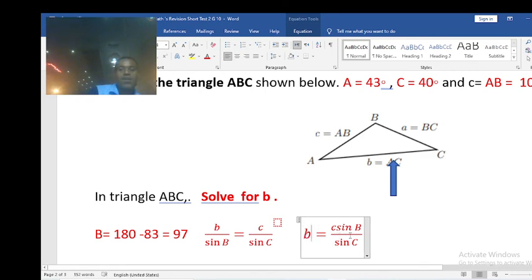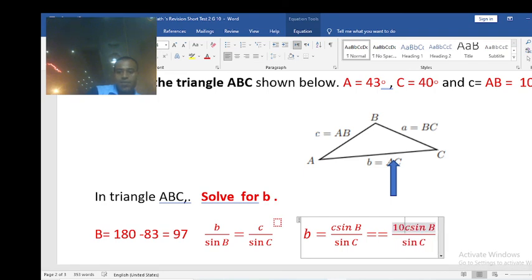So this is b, just substitution. c is 10, so I will write 10 multiply sine b, we found it to be 97 degree, over sine of the angle c, which is 40 degree. You will use calculator and try to find the value of this.